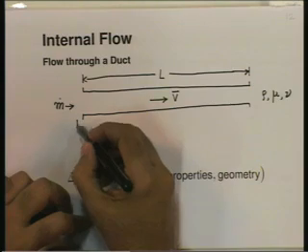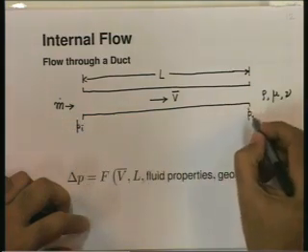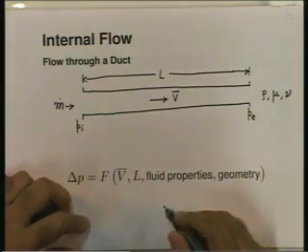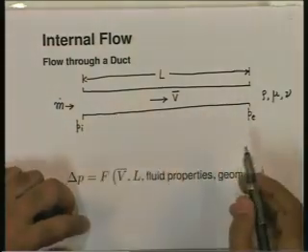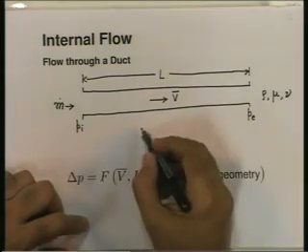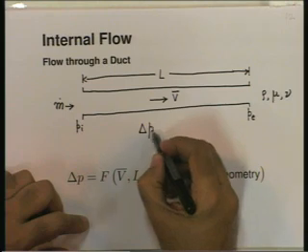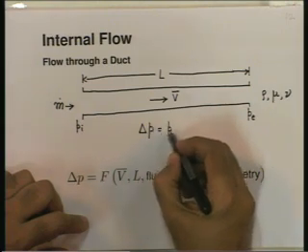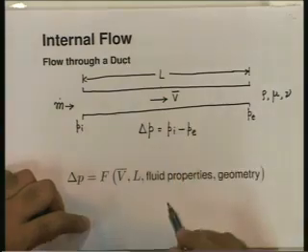Let the pressure at the inlet be Pi. Let that at the exit be Pe. Because of the viscous action of the fluid, the exit pressure will be lower than the inlet pressure. There will be a pressure drop represented by delta P, which is nothing but Pi minus Pe.